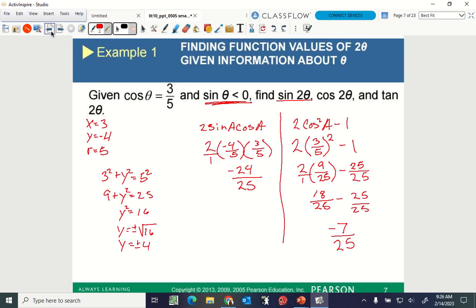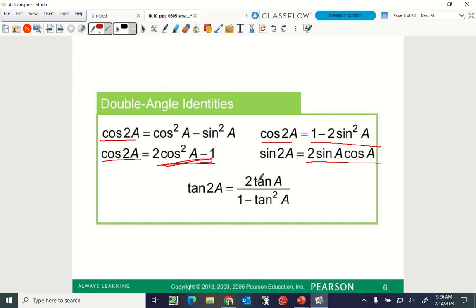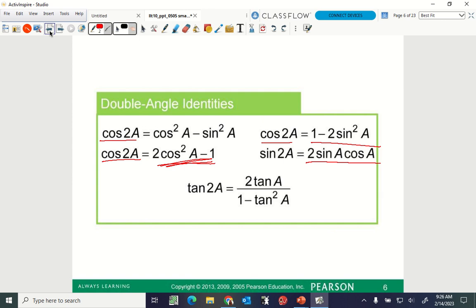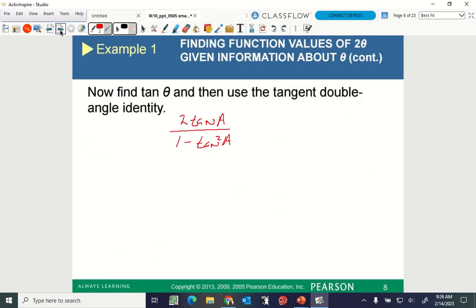Let's go back to my formula for tangent: 2 tangent A over 1 minus tangent squared A. Did I copy that down right? Yep, I did.